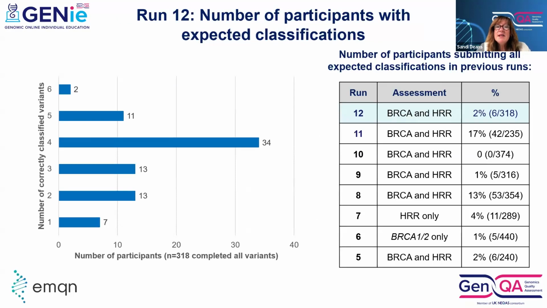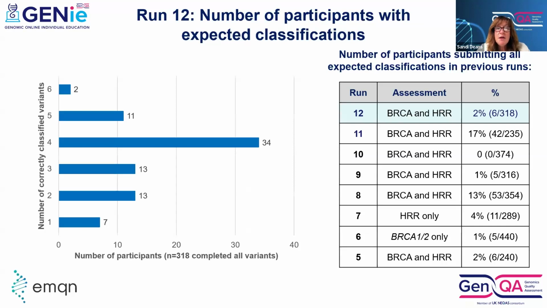We have had a significant drop in the performance of participants in this run compared to especially the previous run, whereby we only had 2% of individuals who had classified 6 of the variants as expected.